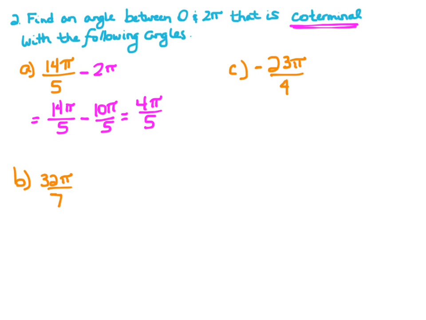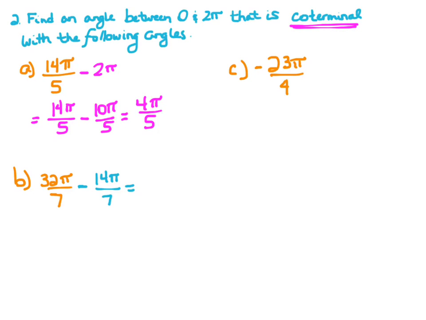On part B, we've got 32 pi over 7. And this is bigger than 2 pi, so I need to subtract 2 pi here. And in order to subtract 2 pi, I need to have a common denominator of 7. And so I'm going to subtract 14 pi over 7, because 14 over 7 is equal to 2.